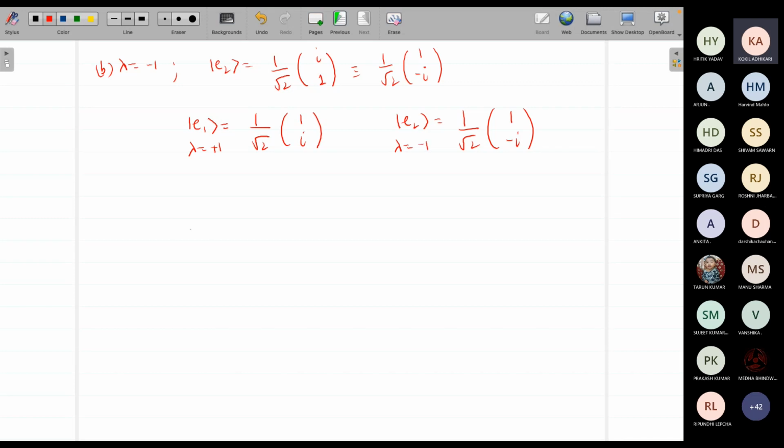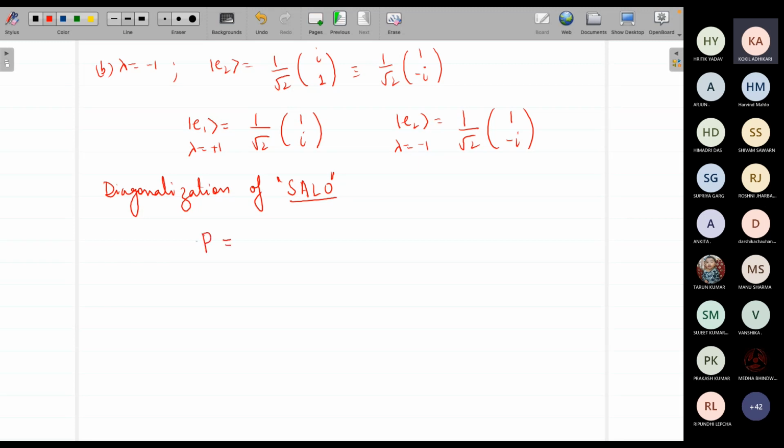Now I am going to do something interesting. I am going to do something we call diagonalization, for the self-adjoint linear operator, the one which we started with. So let's just do that.